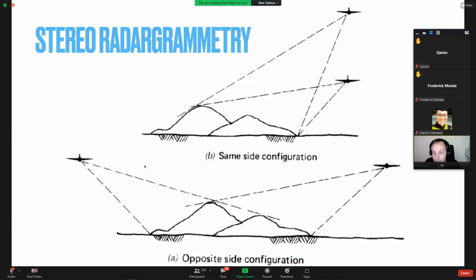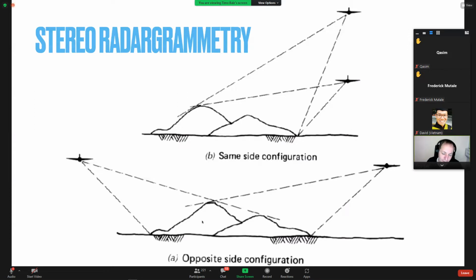It's going to be much more difficult to identify that this is the same road, for example, in both images, this is the same pixel, this is the same building in both images. So you have more problems finding these homologous points and then creating the DSM out of them.